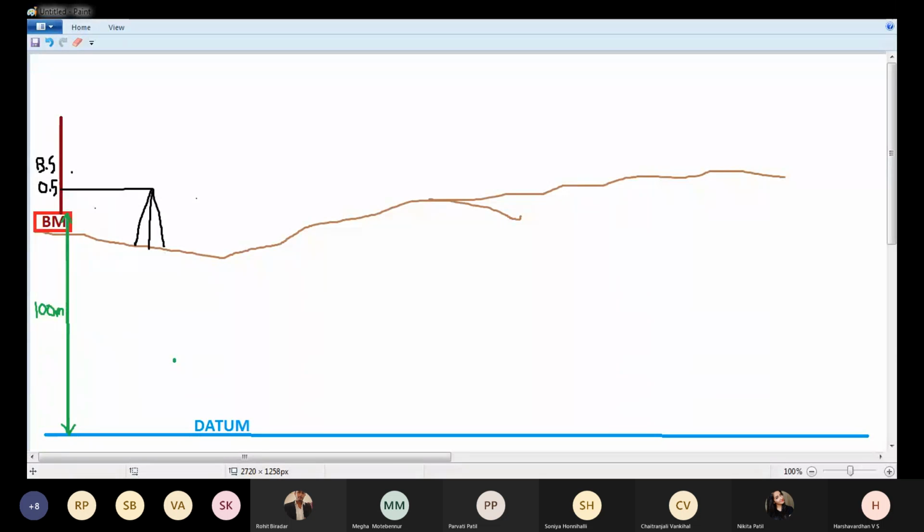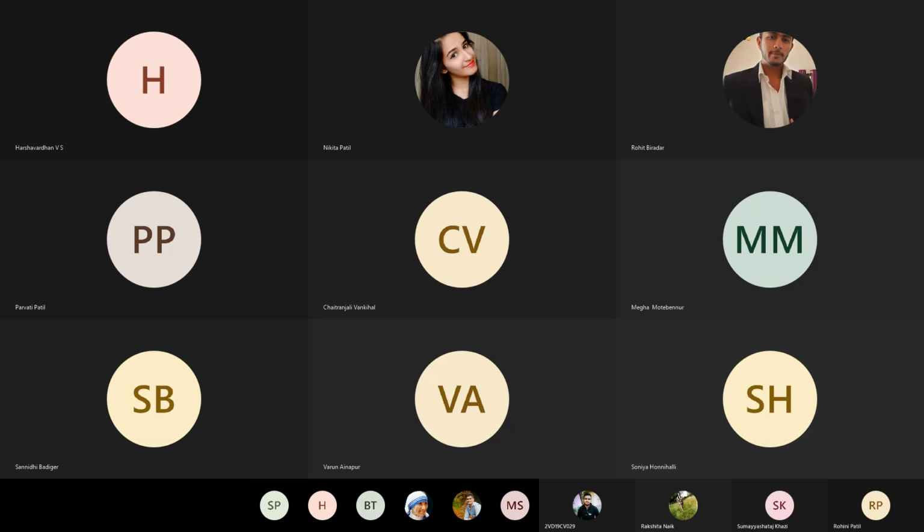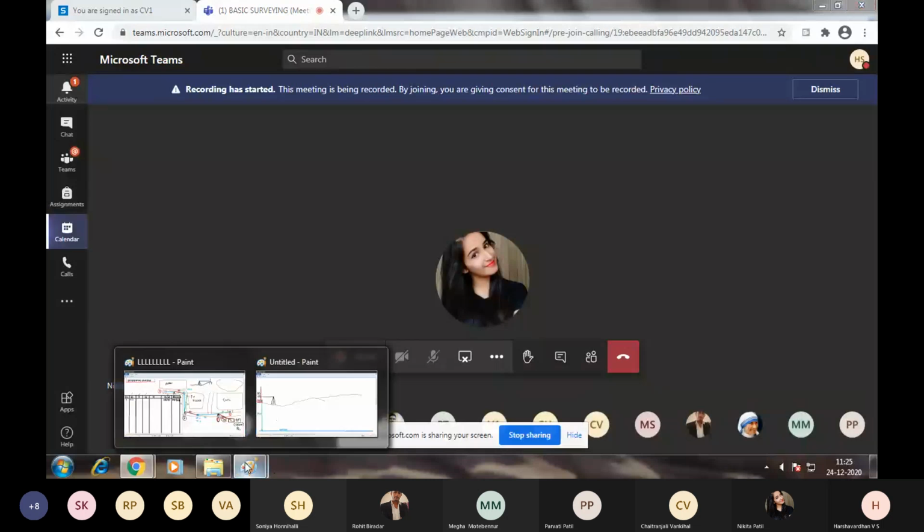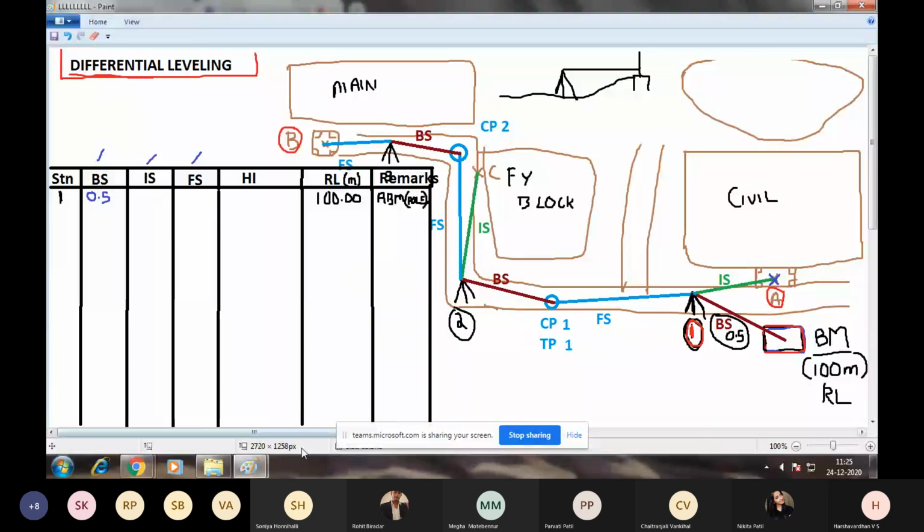Okay, so now I've written down the same thing. Remarks is benchmark and its RL is 100 meters and I've taken a backside of 0.5. Wherever I'm setting up my instrument, I have to calculate the height of instrument.